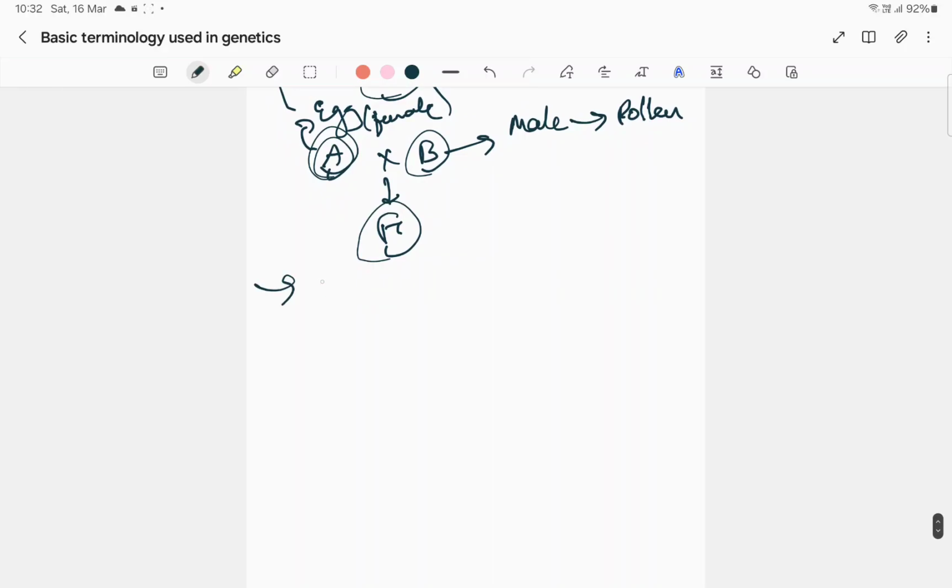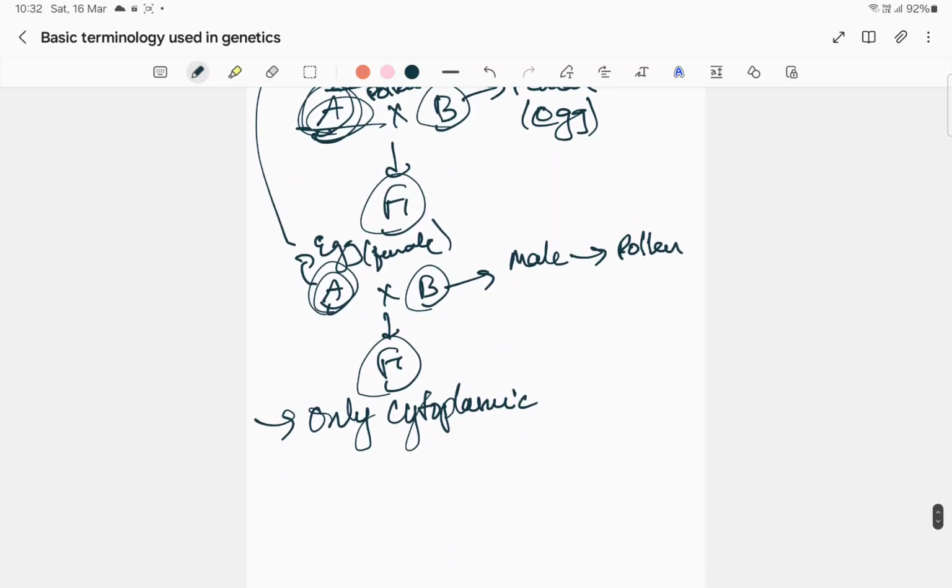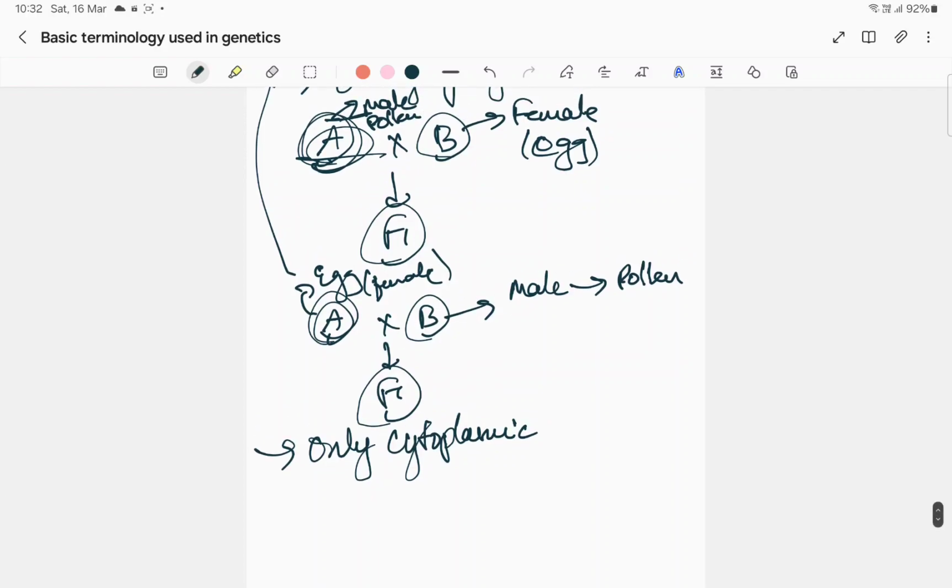And again, only if cytoplasmic characters are present, meaning cytoplasmic genes are involved, then the change in the F1 will come, or else there won't be any change in the F1.